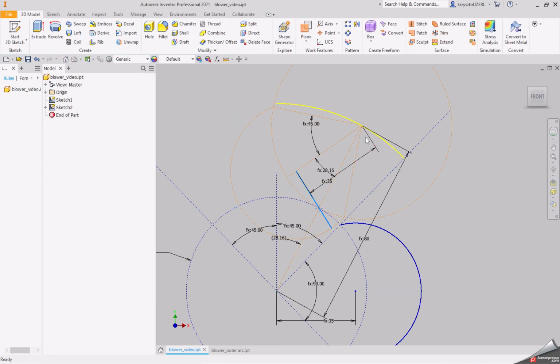Okay, so now we know that this point is in constant relation with this point and this line, because this angle is equal to this angle.